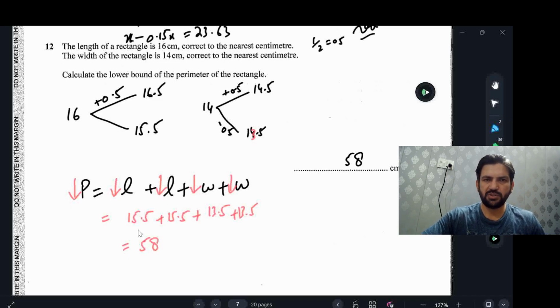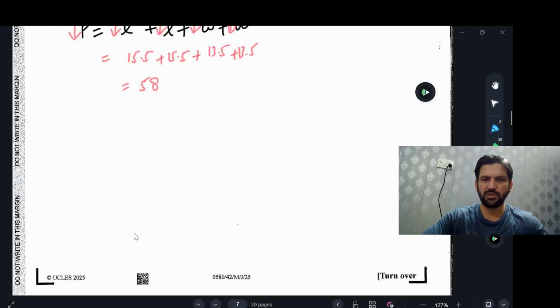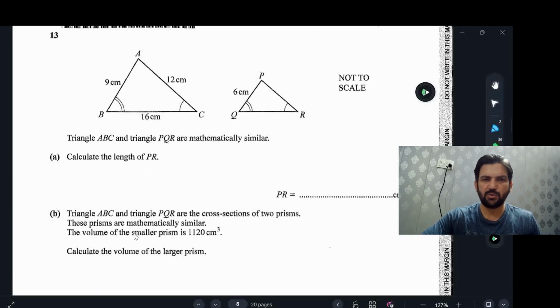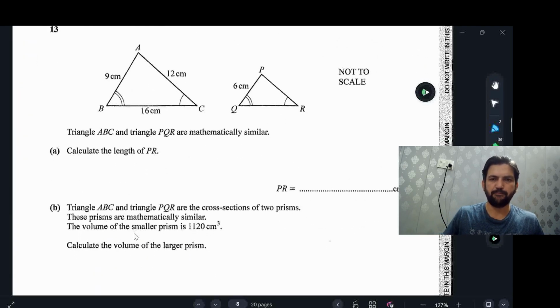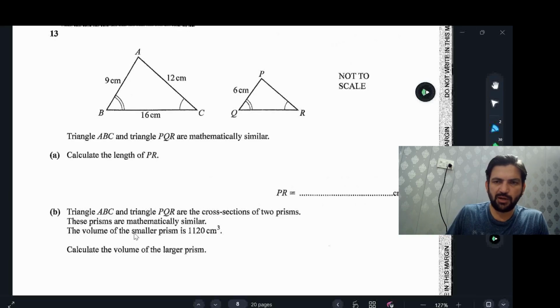Let's move to question number 13. Calculate the length of PR. Now these two are mathematically similar, so we can use the ratio method. So 9 divided by 6 is equal to 12 divided by PR. We have to see the corresponding sides.